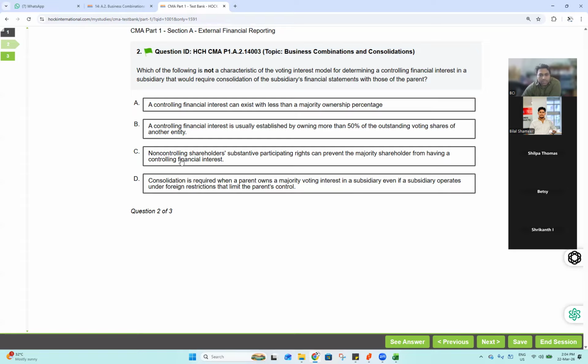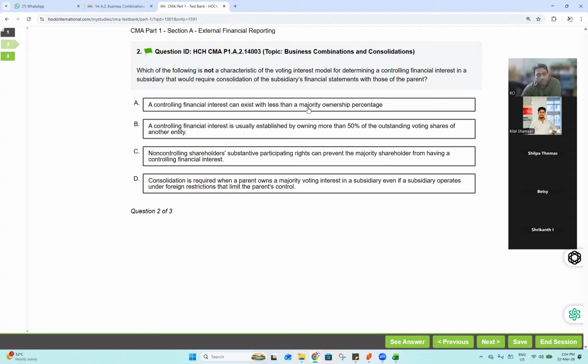Let me read this. Not a characteristic, right? Yeah, not the characteristic we want to find out. Controlling financial interest can exist with less than a majority ownership percentage. How? This could happen, right? A controlling financial interest can exist with less than a majority ownership percentage, depending on the type of shares that they have.